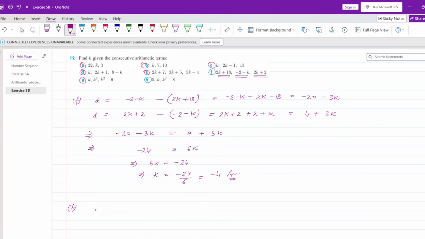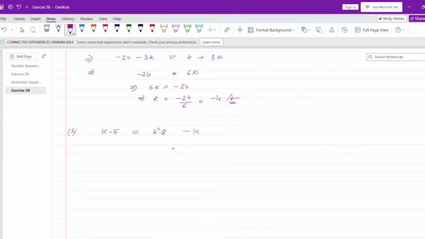Similarly h. So we know k minus 5 must be equal to k square minus 8 minus k, because they both mean the common difference. In this case, k minus 5 equals k square minus k minus 8. Taking everything onto the right hand side, we get k square minus k minus k minus 8 plus 5 equals 0. So k square minus 2k minus 3 equals 0.